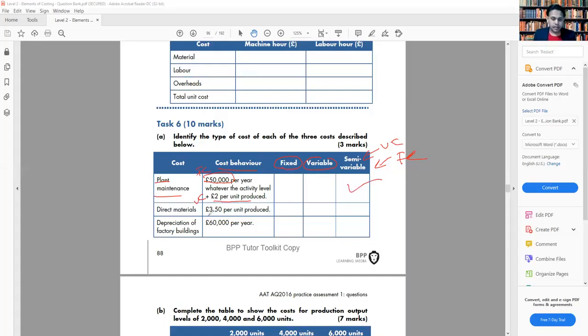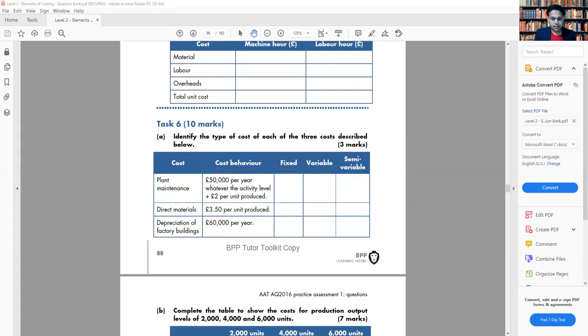Then direct material per unit, that's completely variable cost. If I make, there will be cost. If I don't make, there will be no cost. Depreciation of factory building is 60,000 per year, is fixed anyway. So if I don't make any unit, my depreciation is still fixed per year. So it's a fixed cost.